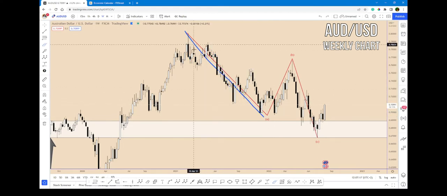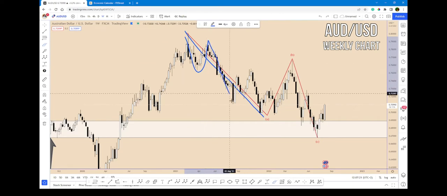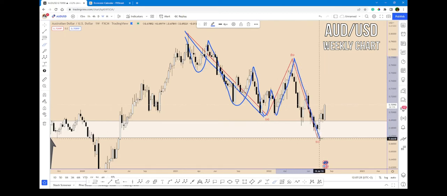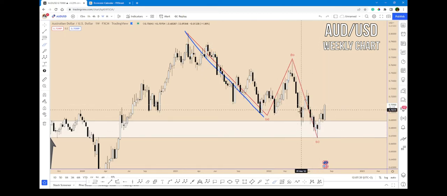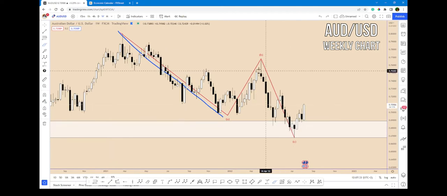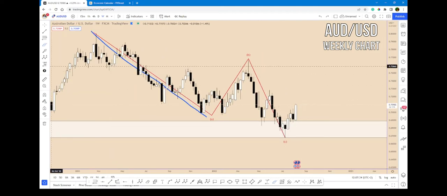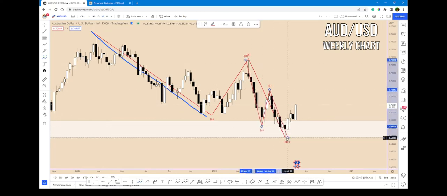If you look at the composition of the pattern, these patterns are moving in impulsive ways by creating this type of movements. We see the correction and another movement down.